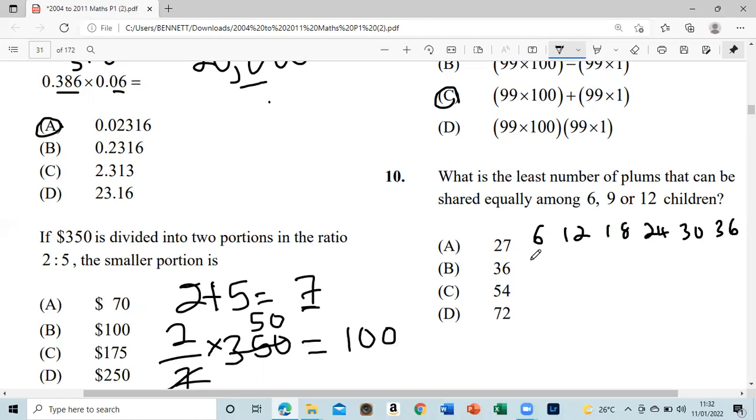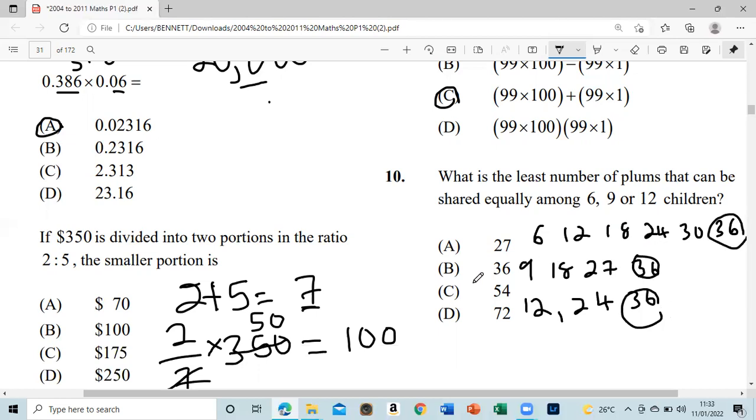All right, so we have now 9, 18, 27, 36, 12, 24, and 36. So our answer would be 36, all right? That's the least. So in other words, it's the lowest common multiple, all right? So 36 could be B.